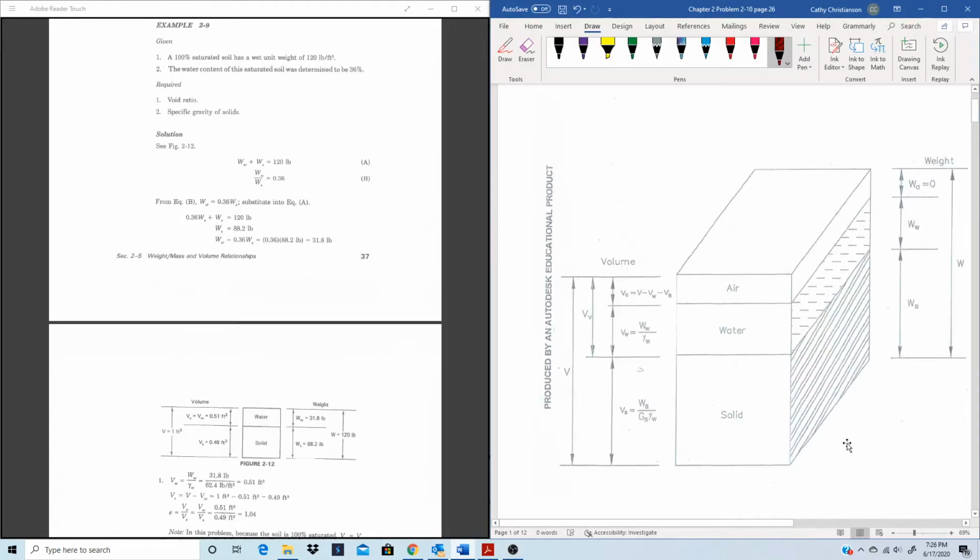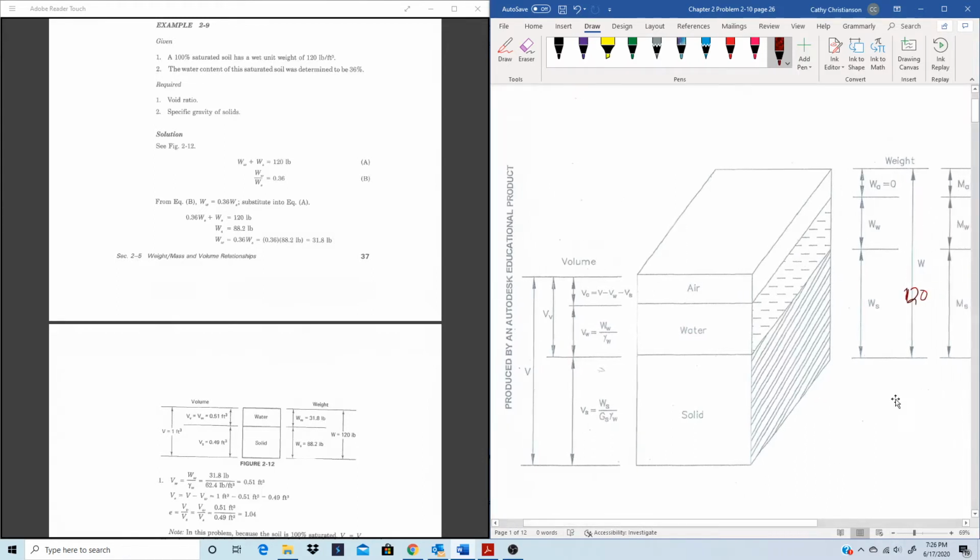Alright, in this one we're given that it weighs 120 pounds per cubic foot. So that's your total weight. Let me rewrite that one.